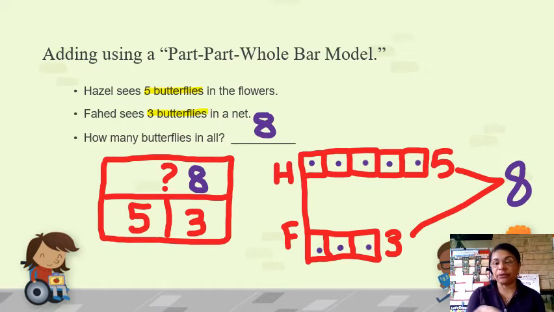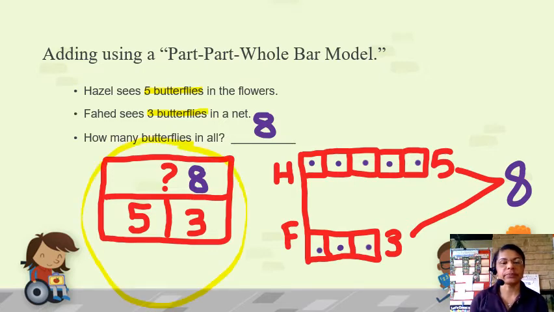Well, I sort of went ahead and I did it for you. I used my part-whole bar model right here. And I know that 5 and 3 are the parts because they're asking me for how many in all, so that will be the total amount. And I use here a combination of strategies. First, I counted in my head. I got 8. Then I counted with my fingers. 5, 3, I still got 8.